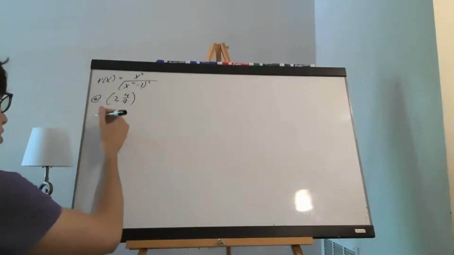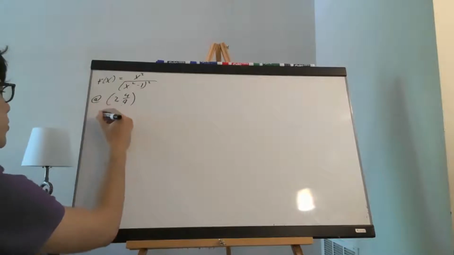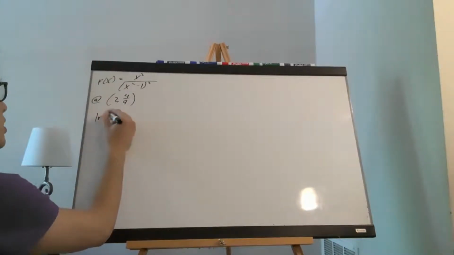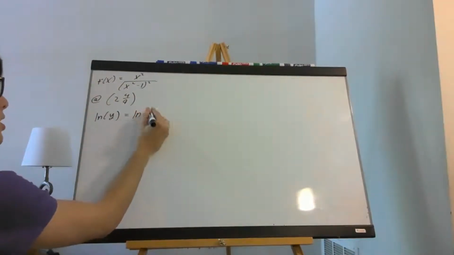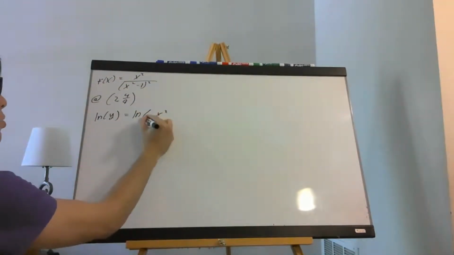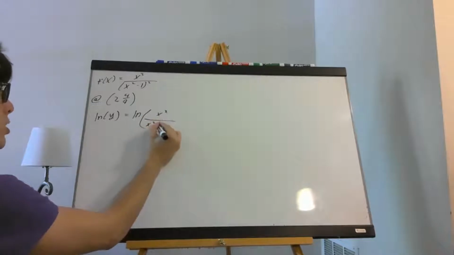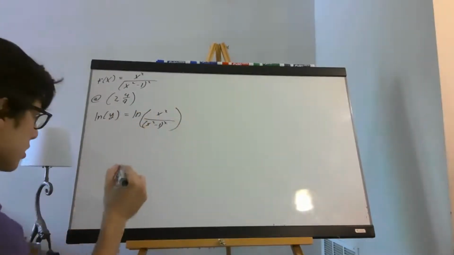Let's do logarithmic differentiation just because I can and I want to. So ln of y equals ln of x squared over x squared minus 1 squared.